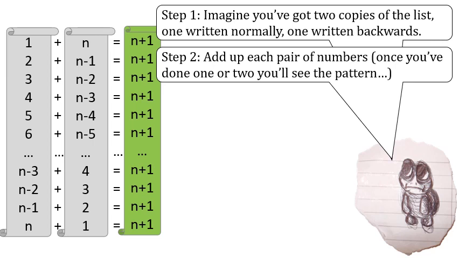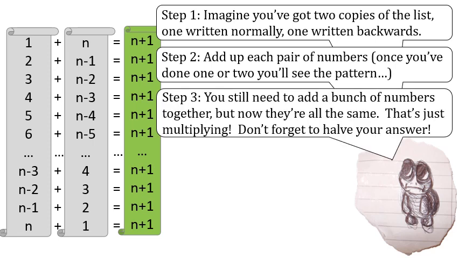Now, how many numbers do we have? How many numbers in that green list? Well, the original list we were trying to add up had n numbers because they were the integers from 1 to n. So we just multiply n by the number that we have in our list over and over again, which is n plus 1.